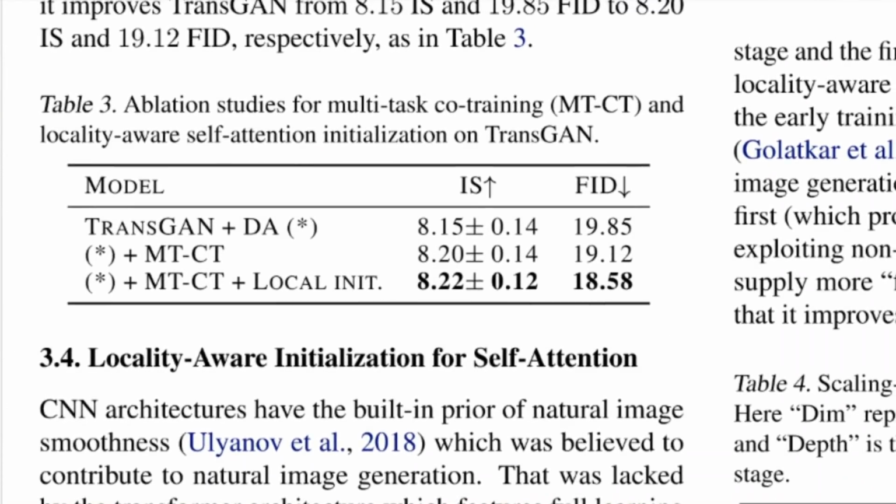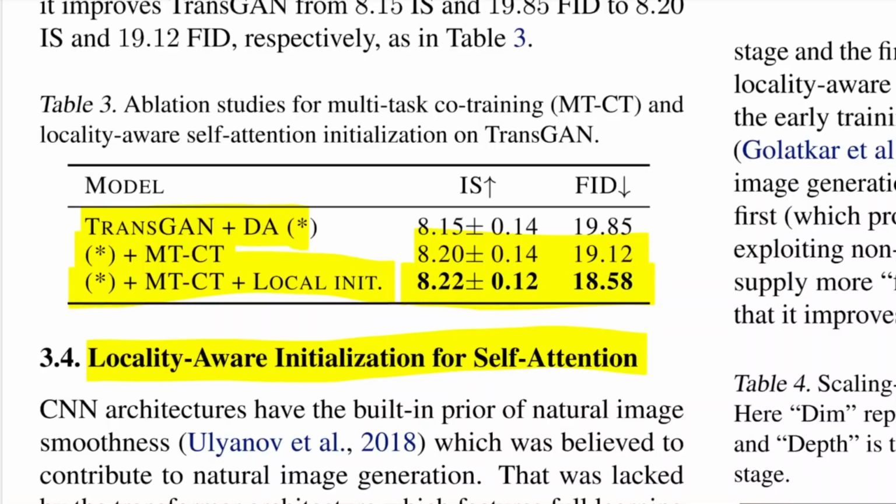As you can see right here, they have it with data augmentation. And if you add this task here, the scores improve again by a bit. And then the last trick they have is to also do this locality-aware initialization for self-attention. And you can see that again pushes the scores.